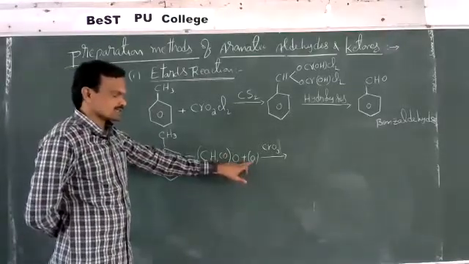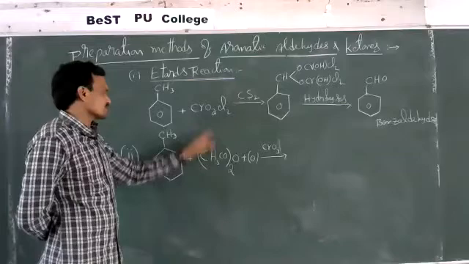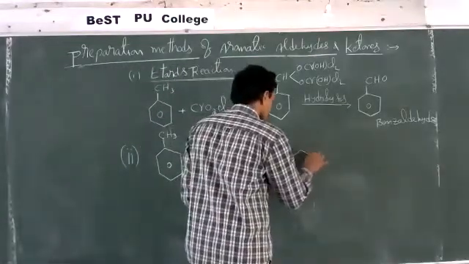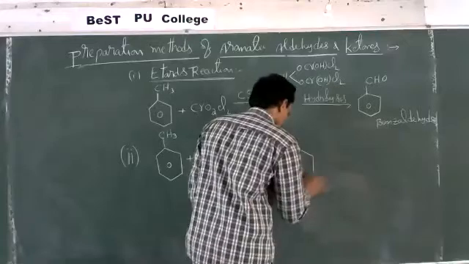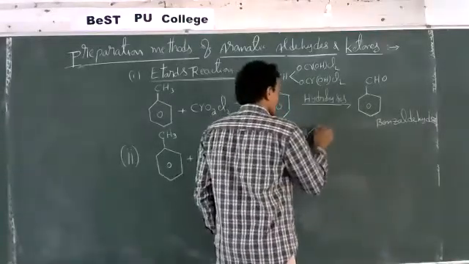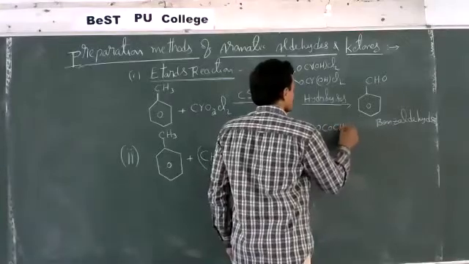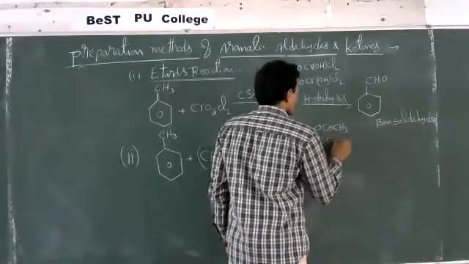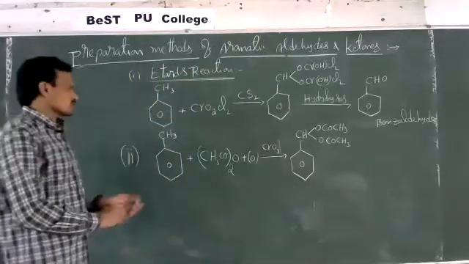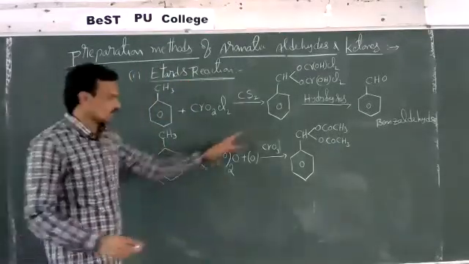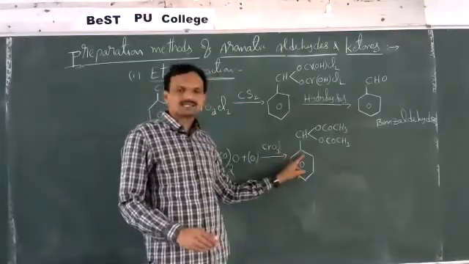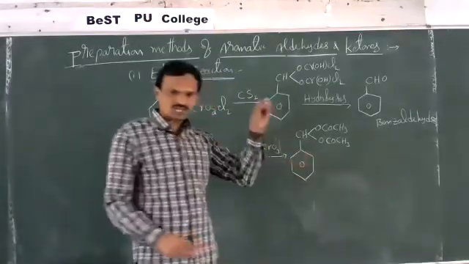So this nascent oxygen combines with this and then this will be added here. Then what you will get here is, the oxidation of toluene takes place and we get CH(OCOCH3)(OCOCH3). So oxidation of toluene with acetic anhydride and chromium 6 oxide gives benzylidene diacetate, or simply benzylidene acetate.